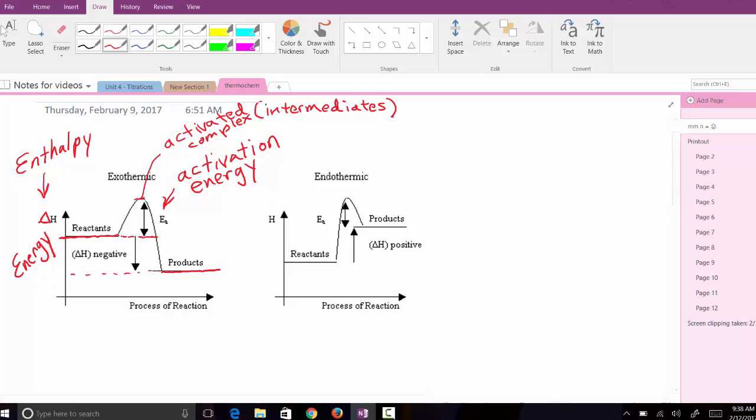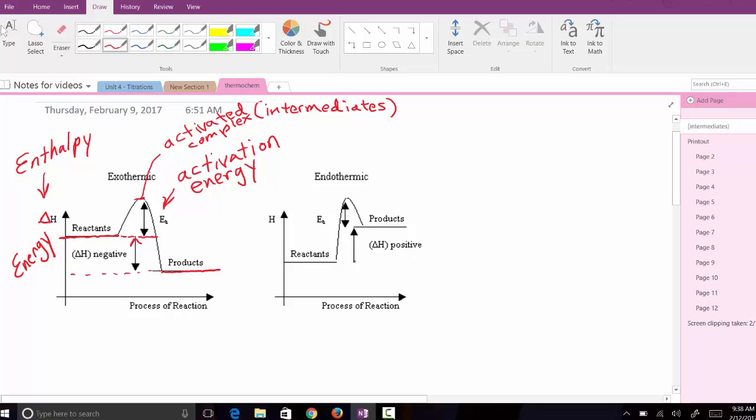Then our delta H, or the difference here, is always going to be products minus reactants. So remember, when we use the symbol delta, that's always final minus initial. So if we're looking at something related to a reaction, we're looking at products minus reactants. And we're going to make a little change because there is an error on the endothermic one.